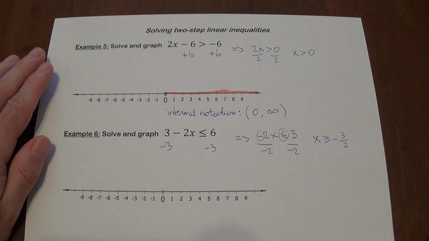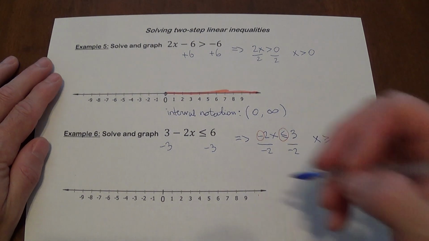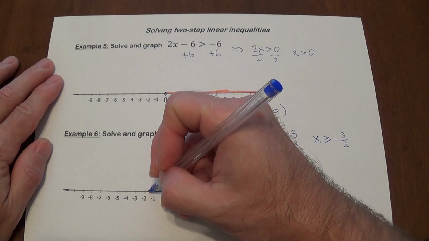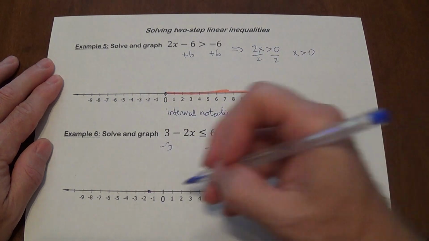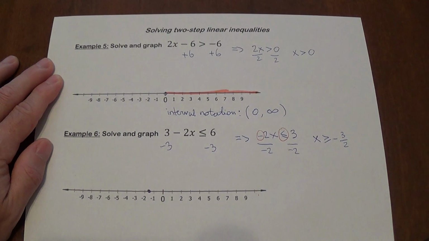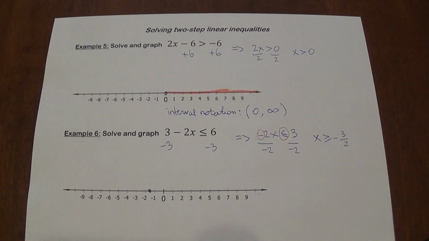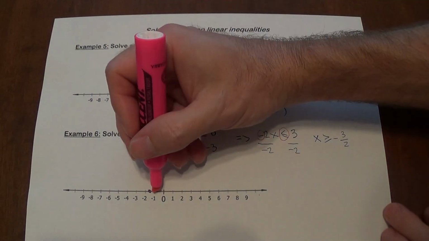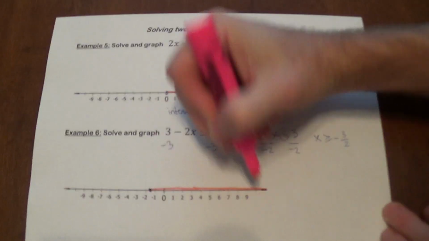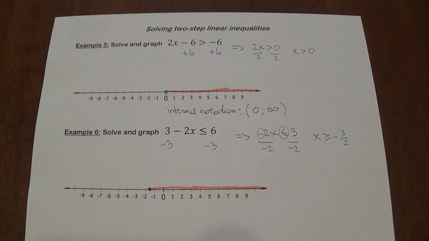Negative 3/2 is negative 1.5 to be exact. So negative 1.5 is right there. It's going to be closed, and we're shading to the right. I do want to show you the difference here, because this one is greater than or equal to.